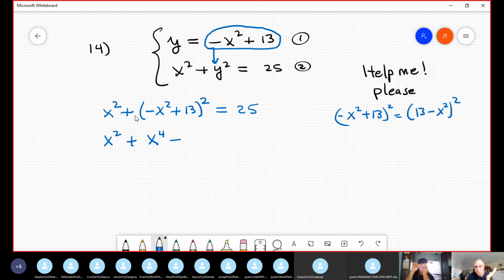Either way, suppose you don't see very well this way, this is equivalent, it's the same. And now 13 squared is 169. Okay, let's do it that way. So it's 169, which is 13 squared, minus 26 x squared. Where does 26 come from?